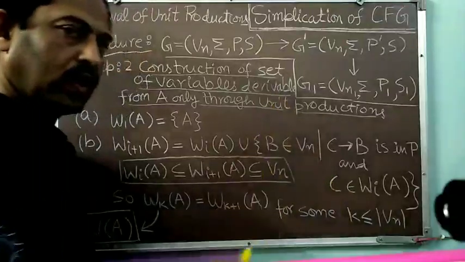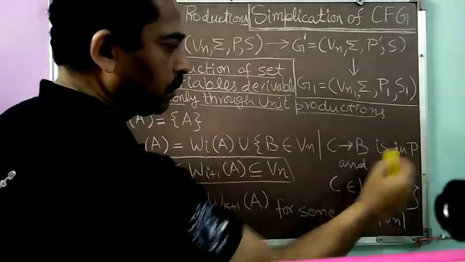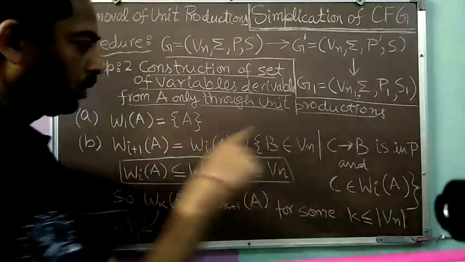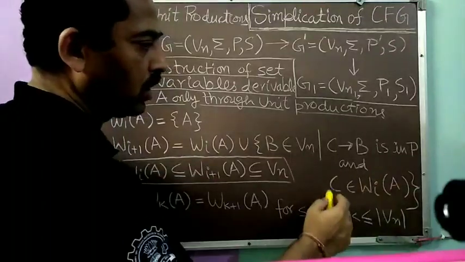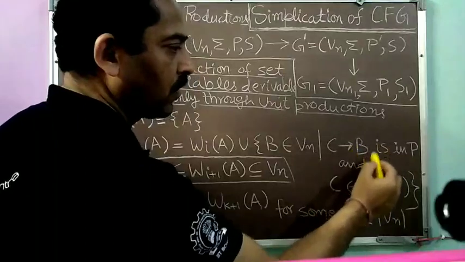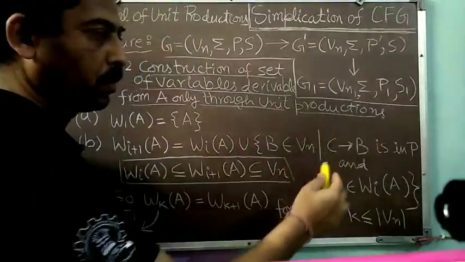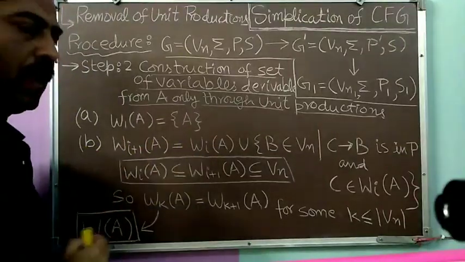If any of those variables has a unit production, that is why I am saying C to B is in P and C belongs to Wi of A. Then we take its right hand side. Whatever variable is on the right hand side of that production, that variable B will also be included into Wi plus 1.